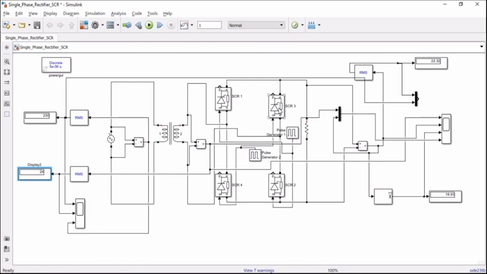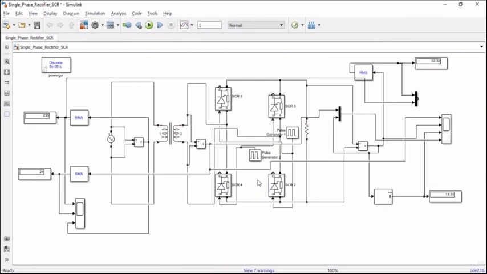The 4 thyristors need to be selected like this. If suppose we want one more thyristor, we can right click the thyristor block and drag it. So one more block will be created. So like this, we can have any number of thyristors or blocks for us.